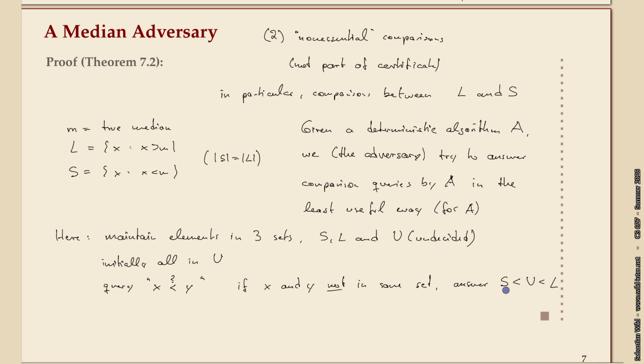If the elements are both in S or both in L, then it doesn't matter. We just answer something according to an arbitrary order of these elements that we somehow fix. You could say by the time they entered this set.